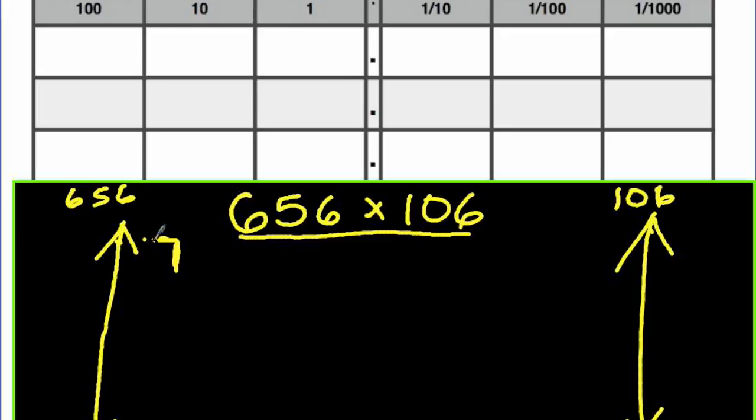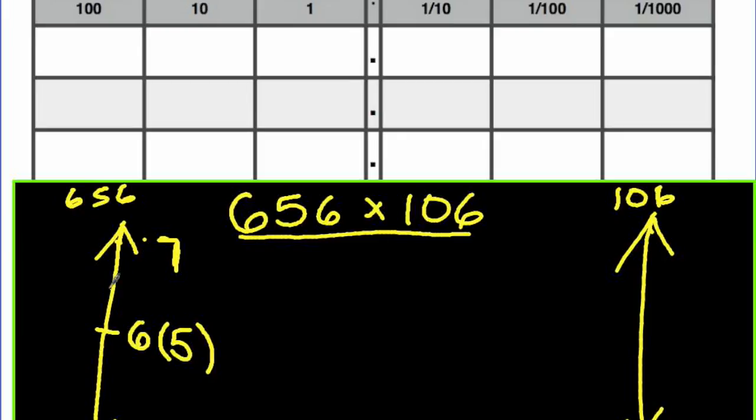And then half of 6 is 6.5, and you're going to put that in parentheses. And then the next number in 656 is 5. So if we have 5 or greater, we're going to go up. And if we have 4 and under, then we're going to go down.